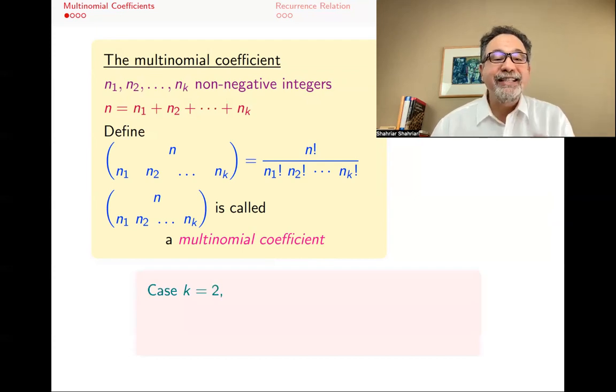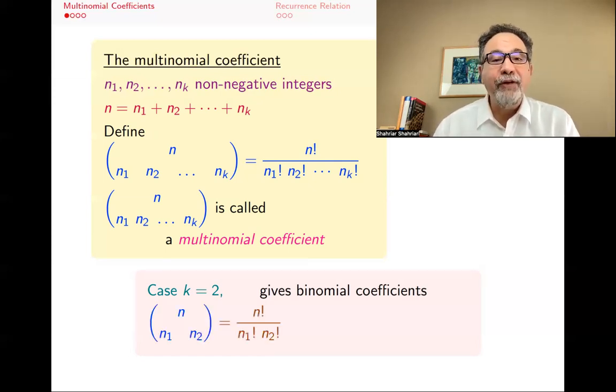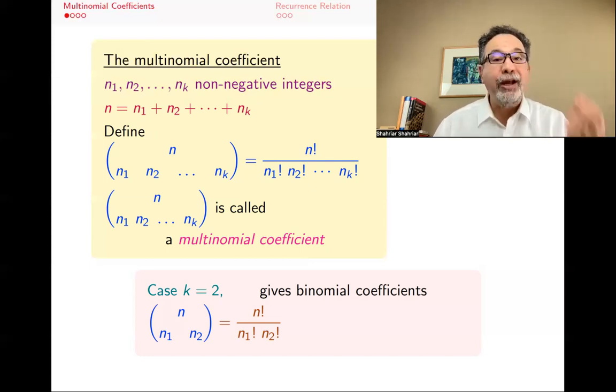The case k equals 2, when you have two numbers and you add them, is a special case. That gives us binomial coefficients, the numbers that appear in the triangle universally known as Pascal's triangle. Why is that? Well, n choose n1, n2, by our definition, is n factorial divided by n1 factorial times n2 factorial. But remember, n1 plus n2 is n, so n2 is really n minus n1.